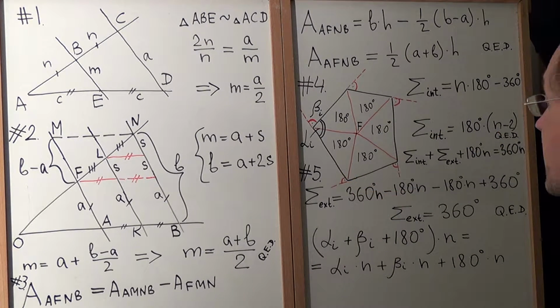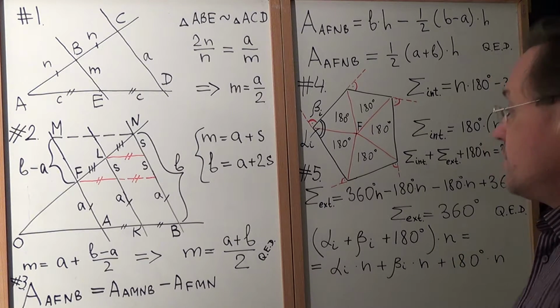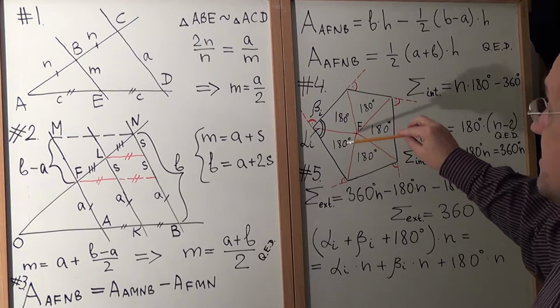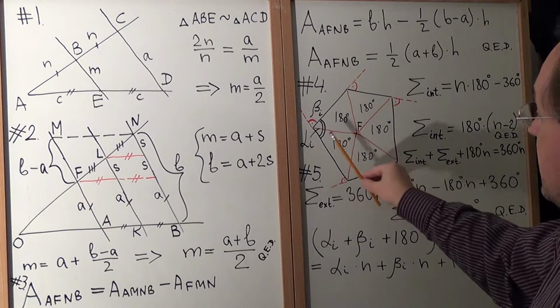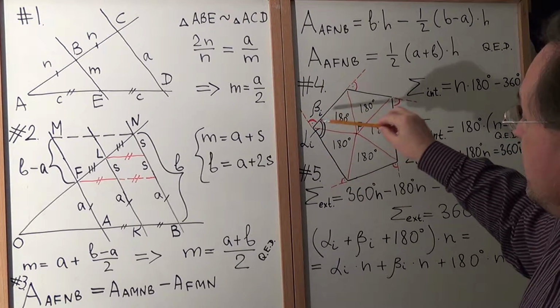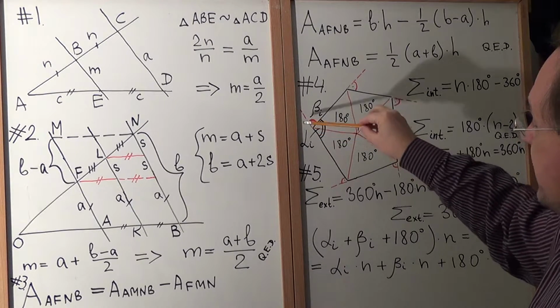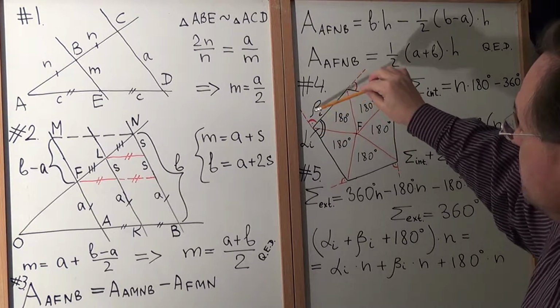Number 5, sum of external angles of any polygon. External angles are depicted here. We continue one side, we do not consider this 180 degrees angle, so external angle would be here.